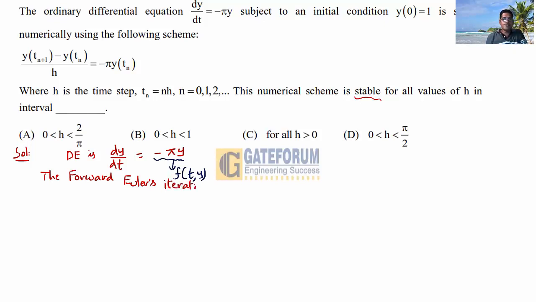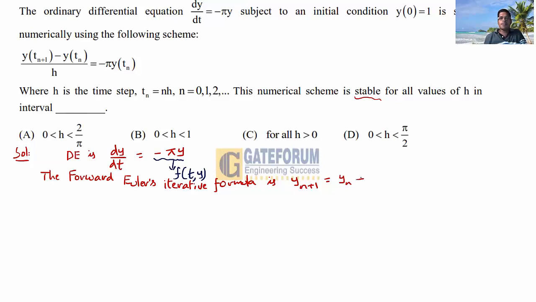The iterative formula is y of n plus 1, which is our suitable notation; it means the value of y at x n plus 1, and in place of x it is the t variable.